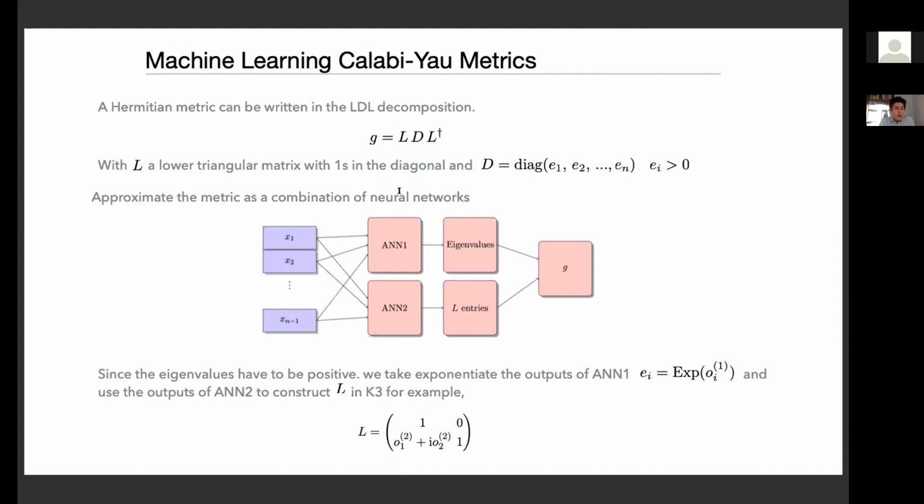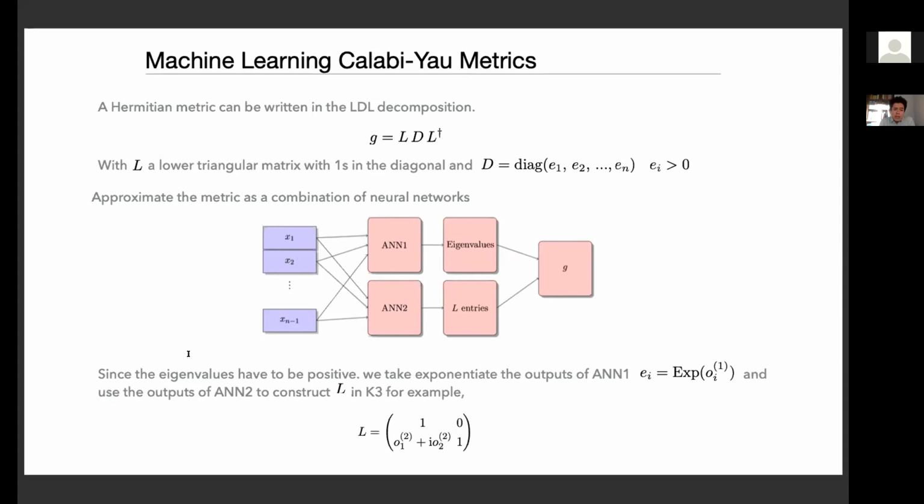To do so, we have created this array of networks, NN1 and NN2, that take affine coordinates as inputs. The first neural network gives you these eigenvalues, E1 to En, and the second gives you the entries of the matrix L. You combine these two, and this is how you obtain the metric G.